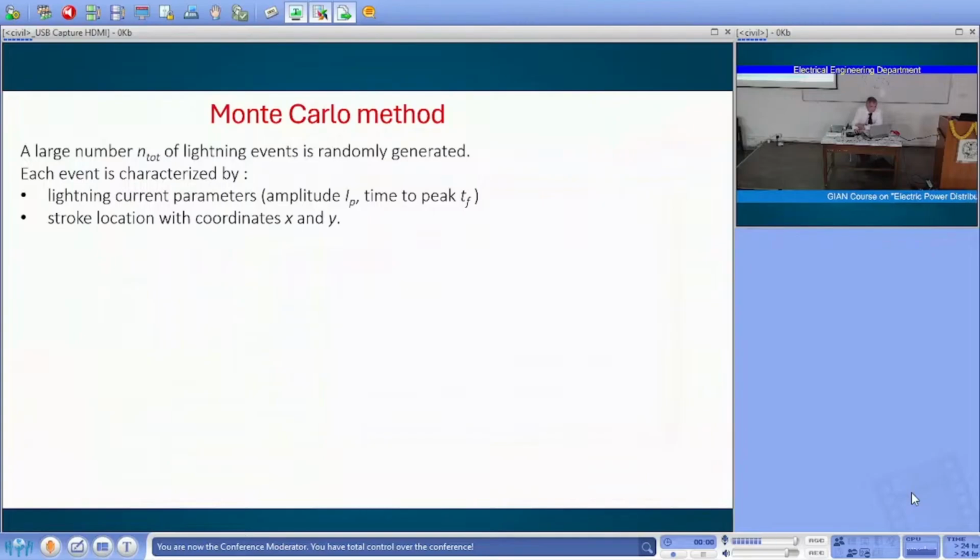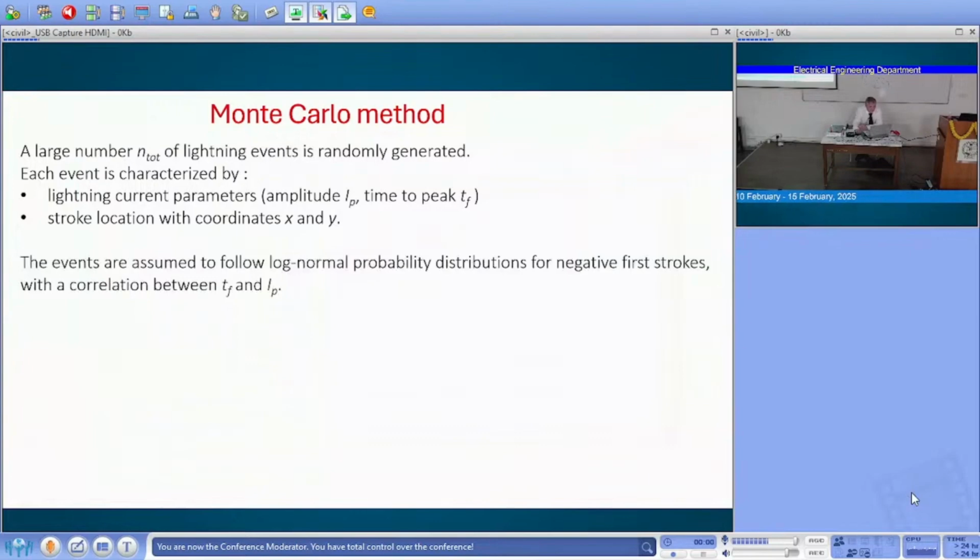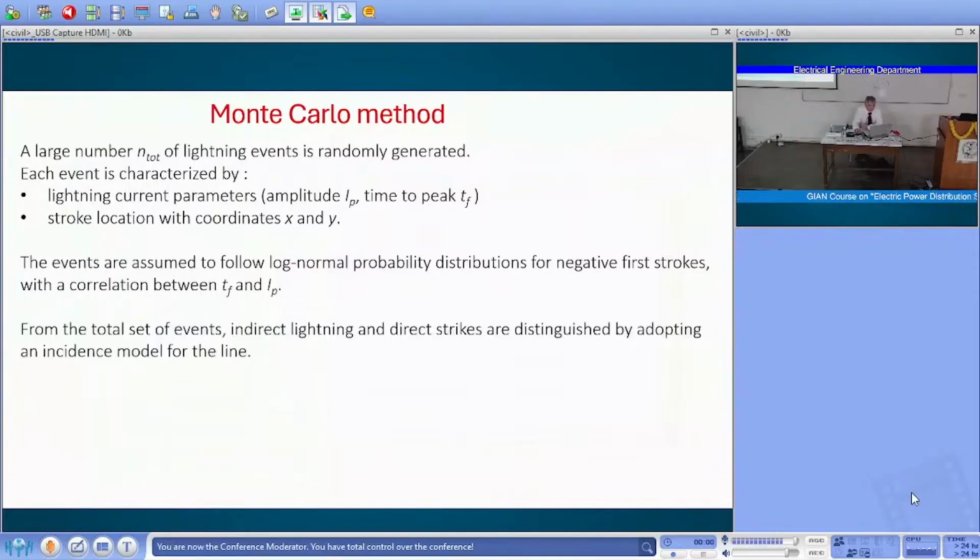Monte Carlo method, I would like just to review the Monte Carlo method. A large number of lightning events is randomly generated: position, the current, the characteristics of the lightning current, and then the events are assumed to follow the log-normal probability provided by the standards, and for all the events we distinguish between indirect lightning and direct lightning.